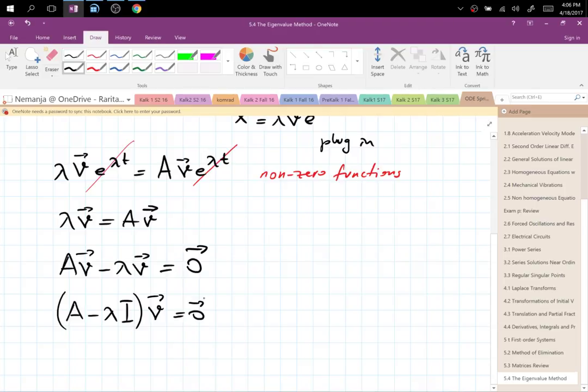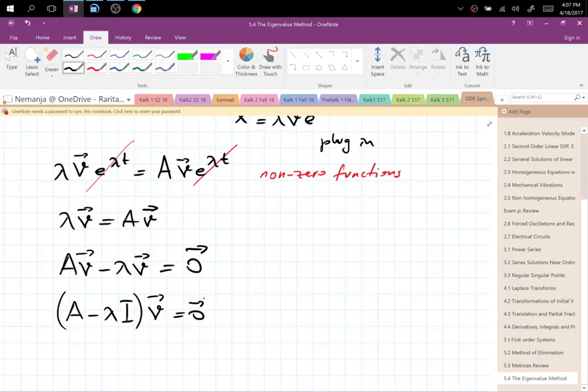A is a matrix. This A could be 2 by 2. Lambda is a constant, like the number 7. And you cannot subtract A minus 7 because they don't have the same dimension. The number 7 is a matrix that is 1 by 1, because it only has one entry.